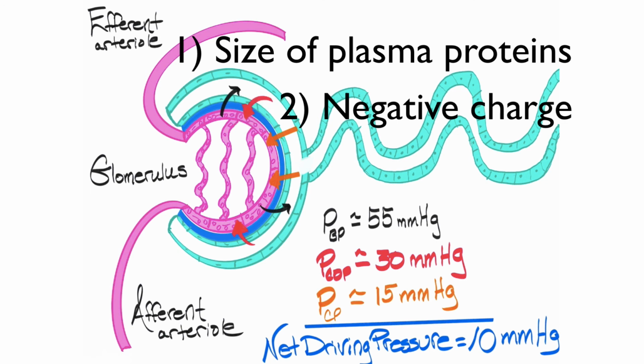Because plasma proteins are also negatively charged, the negative charge within the basement membrane repels the plasma proteins. So even if there are some plasma proteins that are small enough to squeak through these fenestrations, they're almost certainly going to be repelled due to the negative charge within this region.